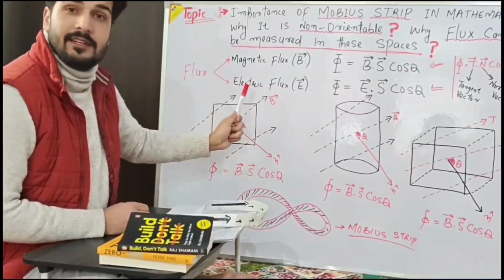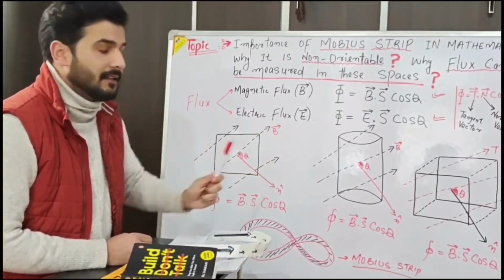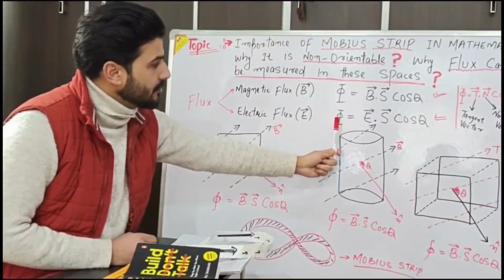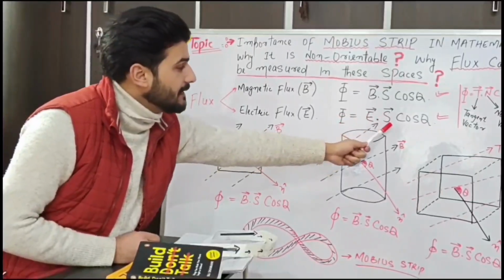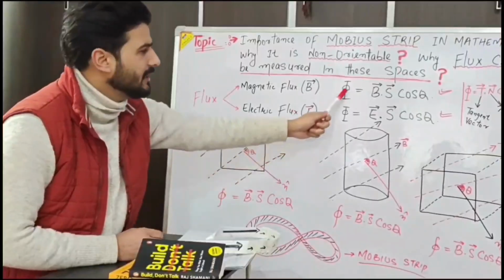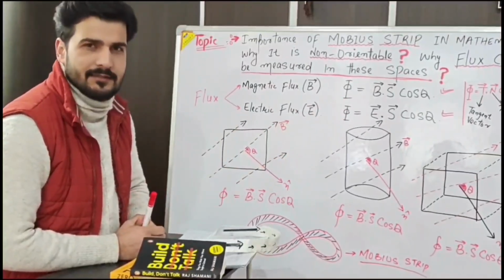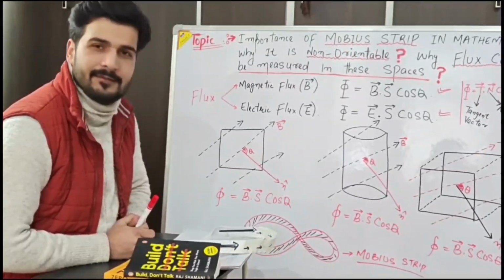And how can we measure the electric flux? Its formula is phi equals E dot S cos theta. I have nothing to do with these formulas. It is the task of physicists. My task is fundamental.